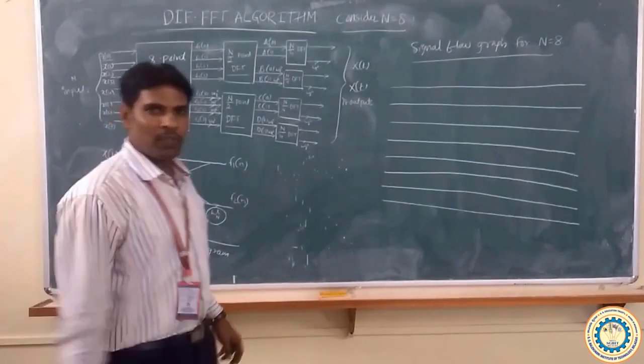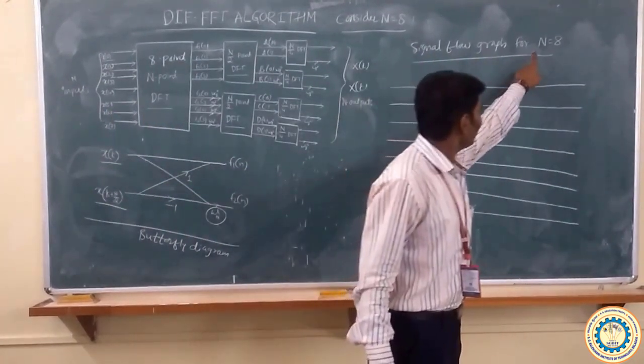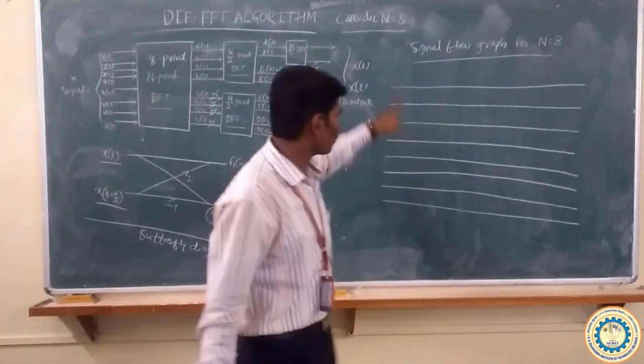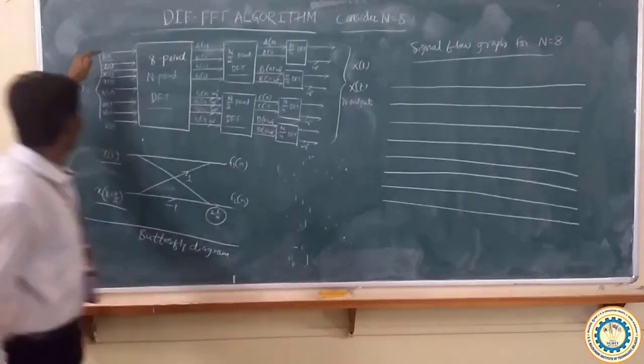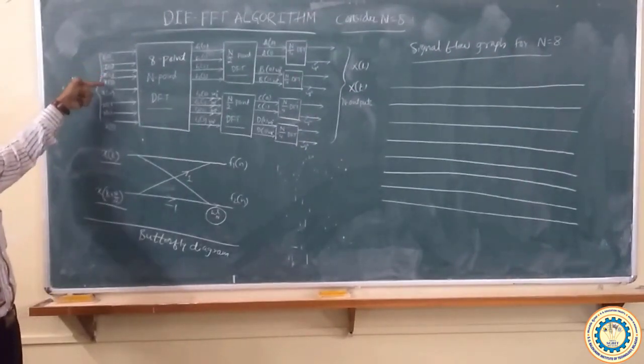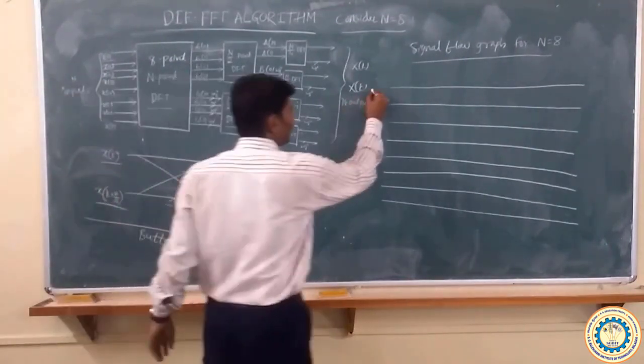While drawing the signal flow graph for an 8 point DFT, that is N equal to 8, I have to draw 8 horizontal lines like this, and my inputs are x of 0, x of 1, x of 2, x of 3, x of 4, x of 5, x of 6, x of 7. The same inputs will be written here.